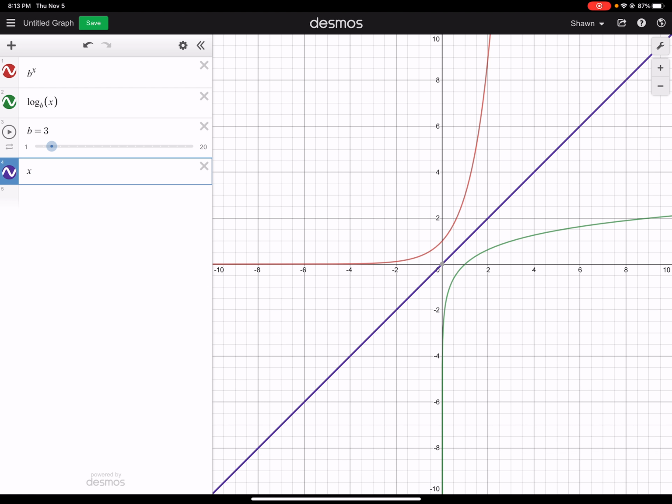So I can't use the laser pointer in this program, but what I want you to see is that the red graph and the green graph look like they would lay perfectly on top of each other if I folded this as a piece of paper right along the purple line.